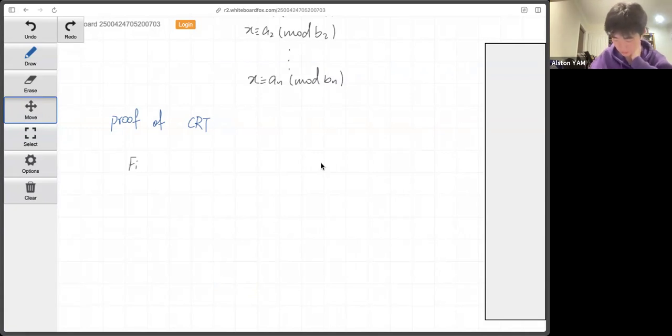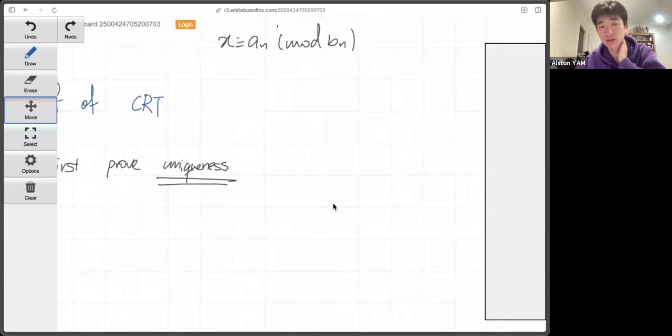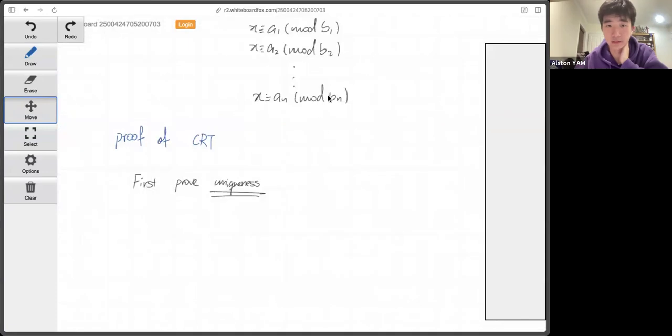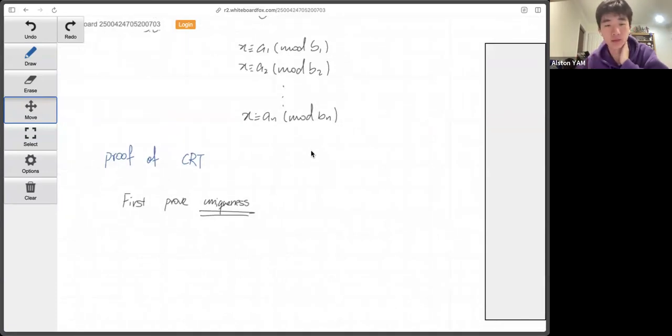That's just saying there should be only one solution that satisfies this. There cannot be more than one solution that satisfies this.